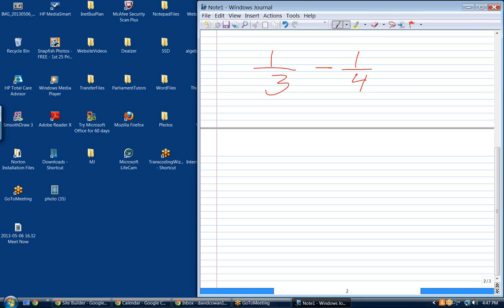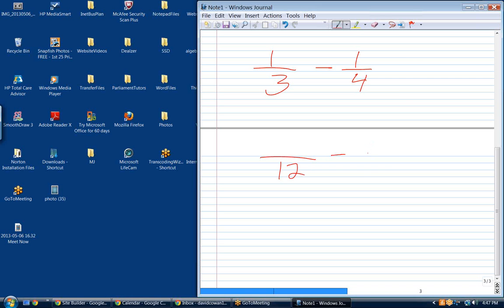By common, it means that the denominator can be divided by both of these numbers evenly. So what would the least common denominator be here? 12. Okay, so now what does the problem become? 1 over 12 minus 1 over 12.